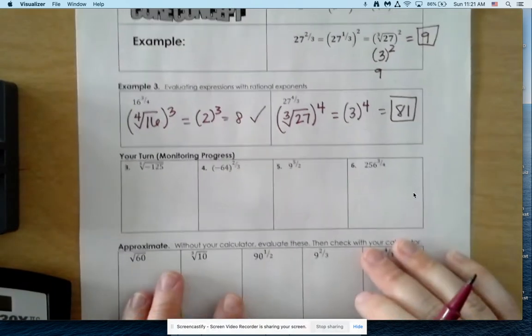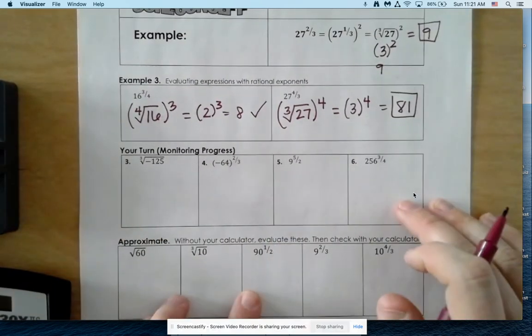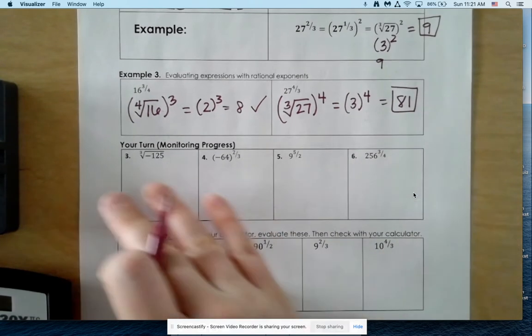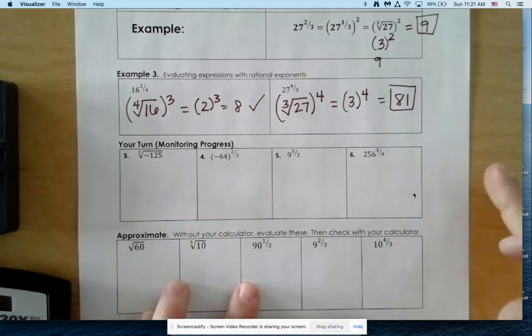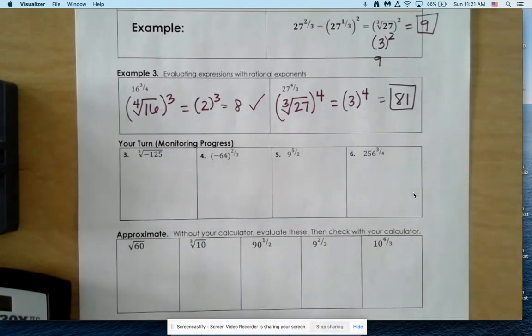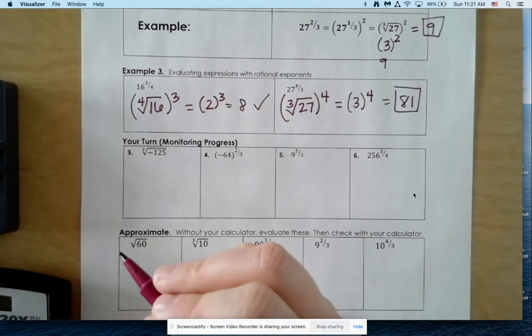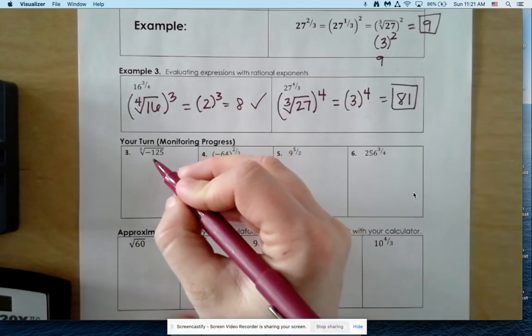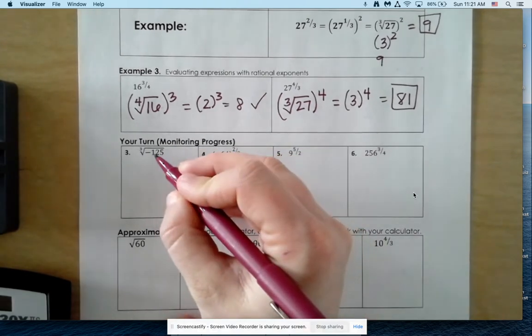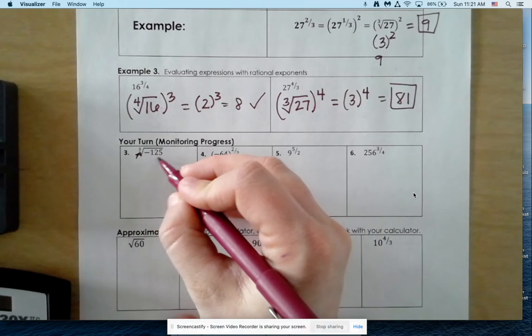Okay, I think this would be a great time for you to pause the video and try these ones on your own, using your calculator or just using your own thoughts. Try it out. See how these go. Okay, because now I'm going to do them, so I hope you tried them. So this time you're thinking, what number times itself 3 times is -125?